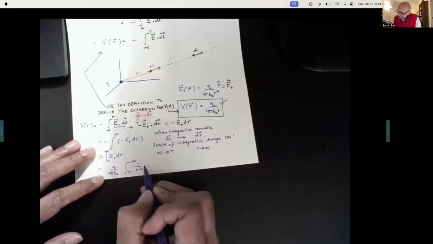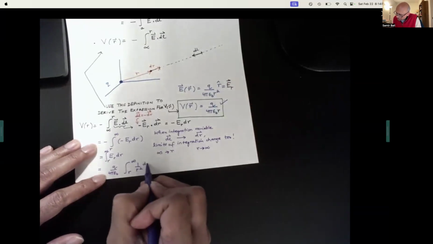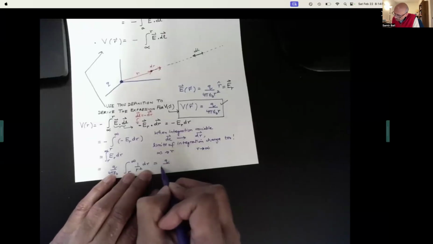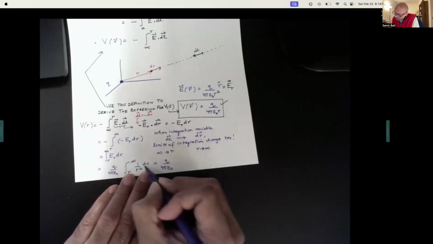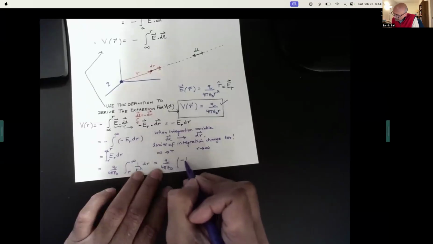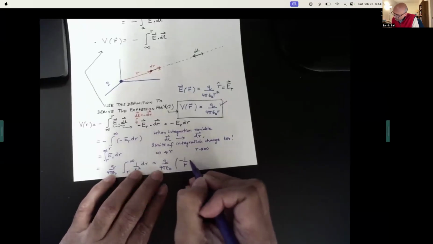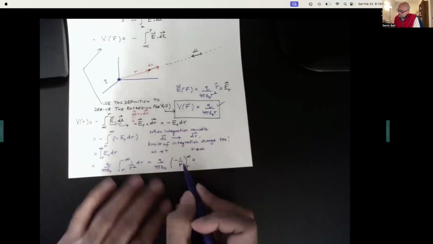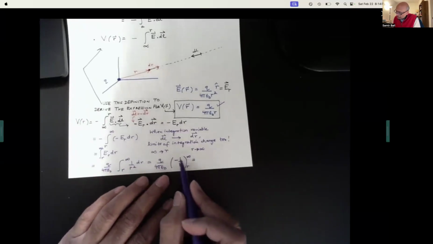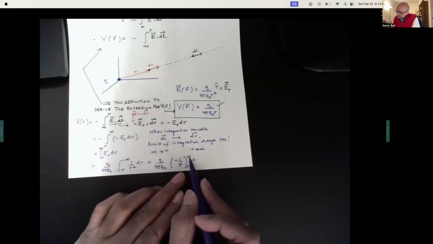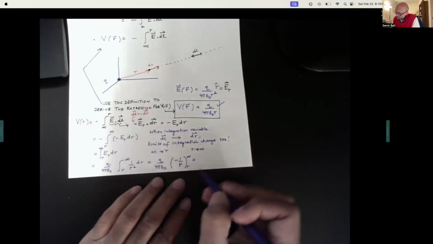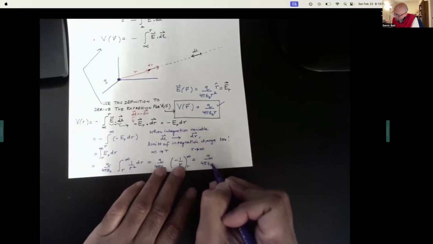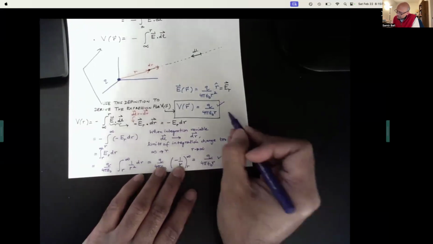And then I still have a dr. Now you can see the 1 over r squared will give you a minus 1 over r, evaluated from r to infinity. The 1 over infinity gives you a 0, and then you have a minus of minus 1 over r when you take the limits. And so you will get q over 4 pi epsilon naught r. And that is the answer.